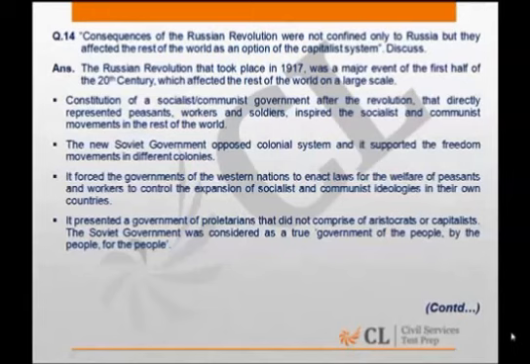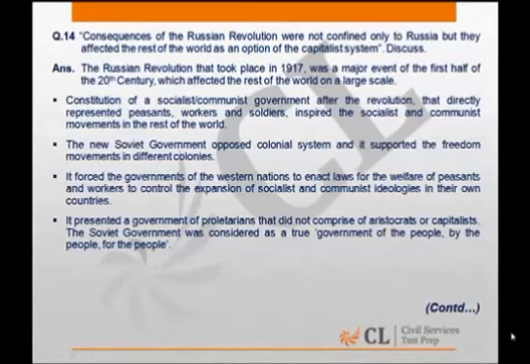The constitution of a socialist or communist government after the revolution, which directly represented peasants, workers, and soldiers, inspired the socialist and communist movements in the rest of the world. It expanded from Russia to China and the rest of the Southeast Asian nations. It expanded towards Western and Latin American nations also.